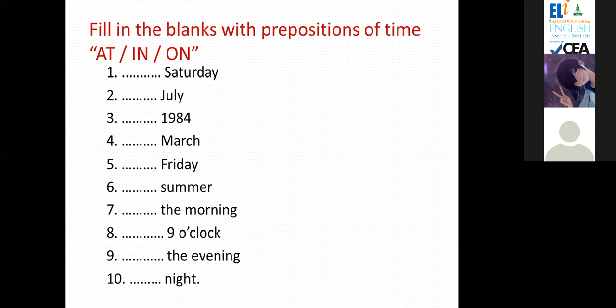Excellent, in summer or in winter. Okay, at night, excellent. So with the clock, you can use at 9 o'clock or at night. Do you know other cases where you can use at?